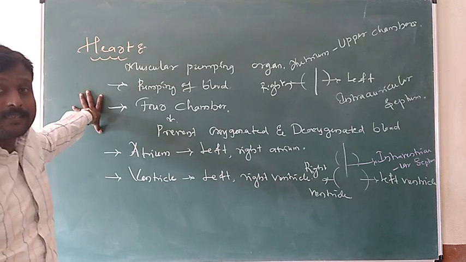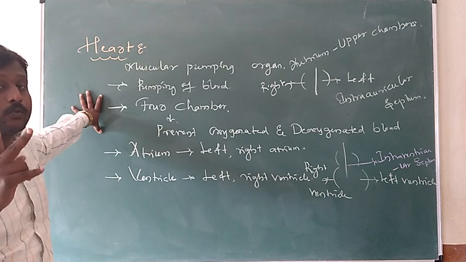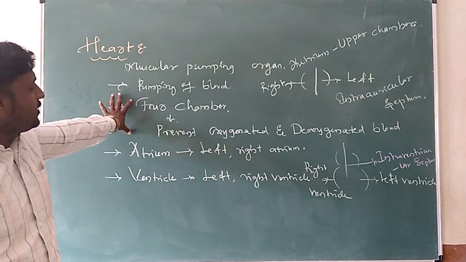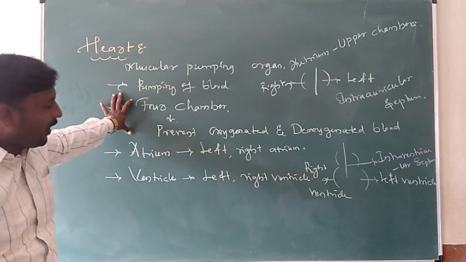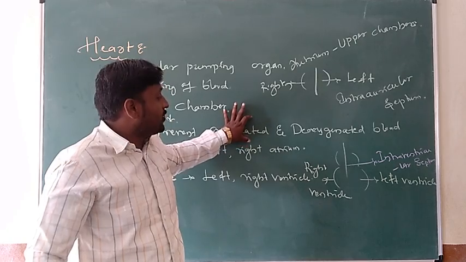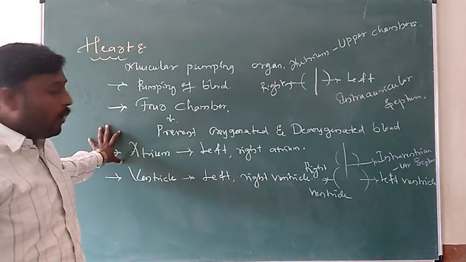Next, the heart has four chambers, two auricles and two ventricles. The main function of the four chambers is prevention of mixing of oxygenated and deoxygenated blood. Next, arteries.